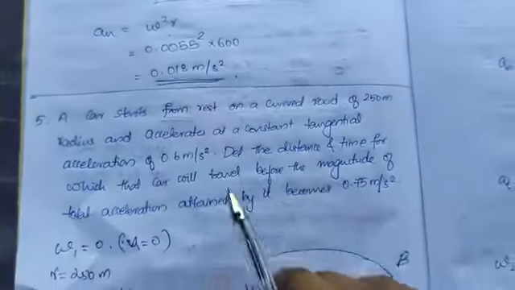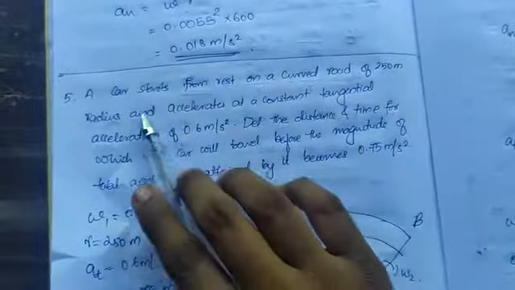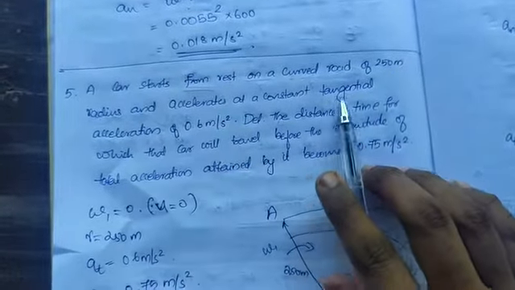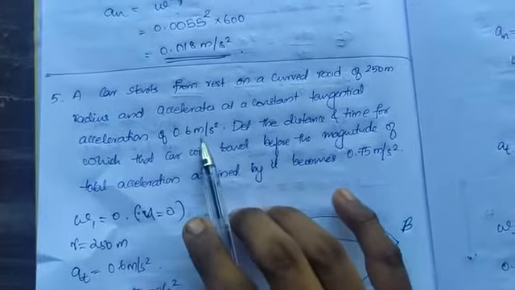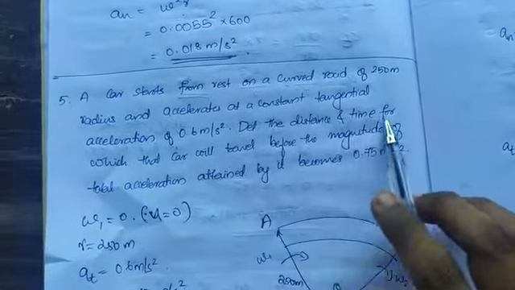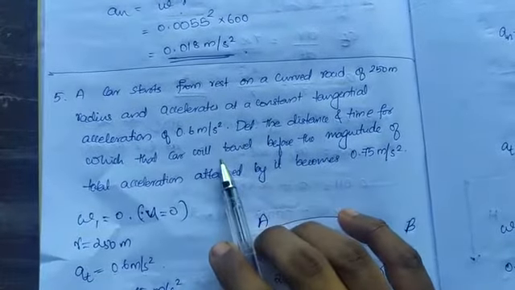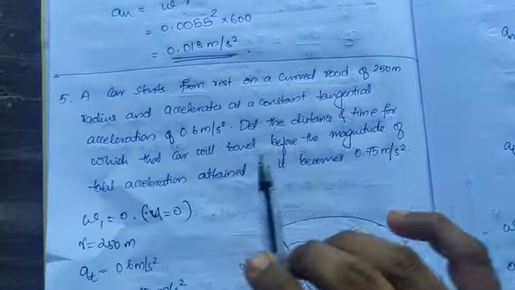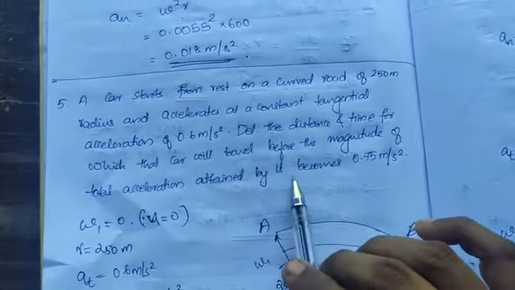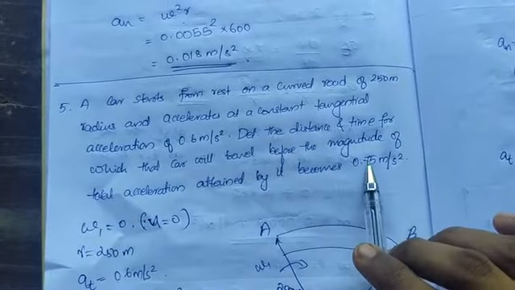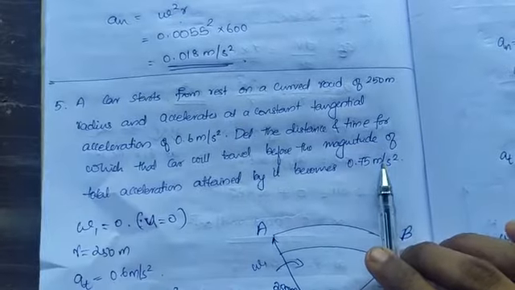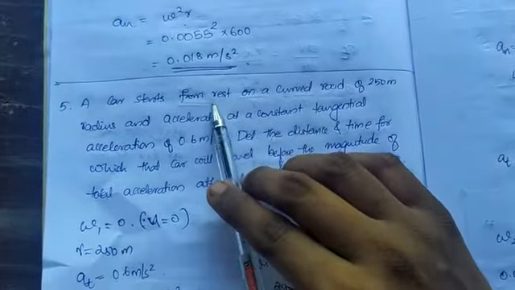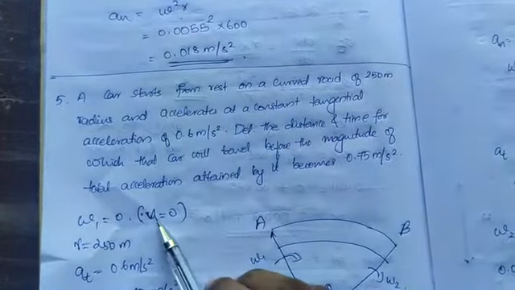Okay, a car starts from rest on a curved road of 250 meter radius and accelerates at a constant tangential acceleration of 0.6 meter per second squared. Determine the distance and time for which the car will travel before the magnitude of total acceleration attained by it becomes 0.75 meter per second squared. So it starts from rest, so u is equal to 0.